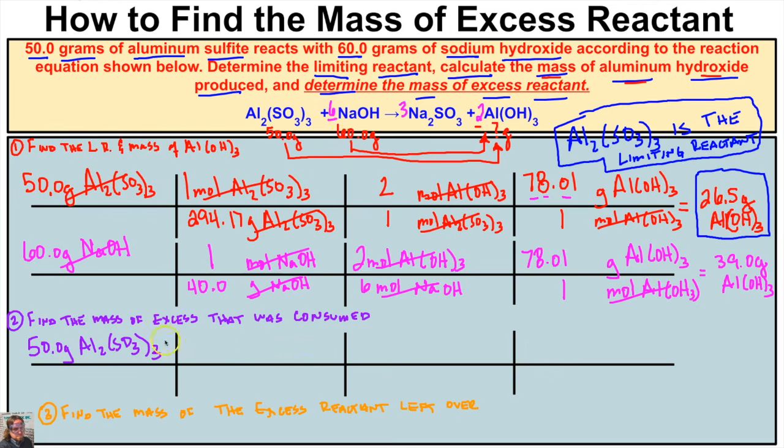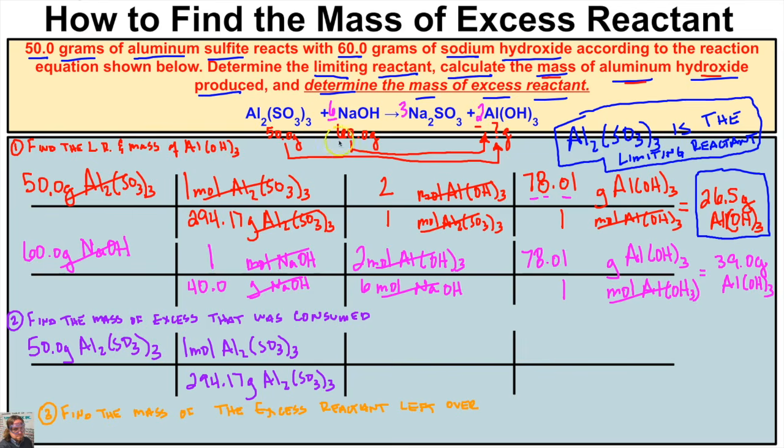So if we take a look, first thing we have to do is convert the grams of aluminum sulfite to moles. And we know that 1 mole of aluminum sulfite is 294.17 grams. That's the molar mass of aluminum sulfite.